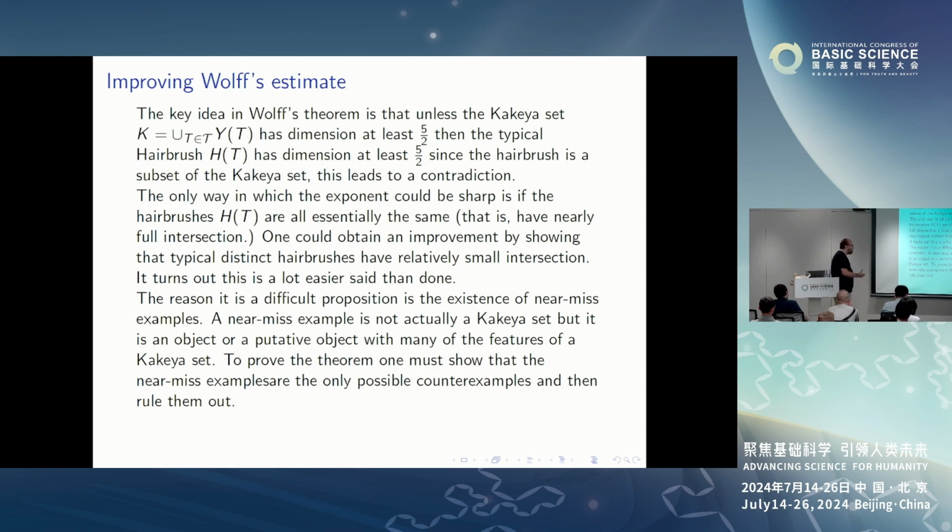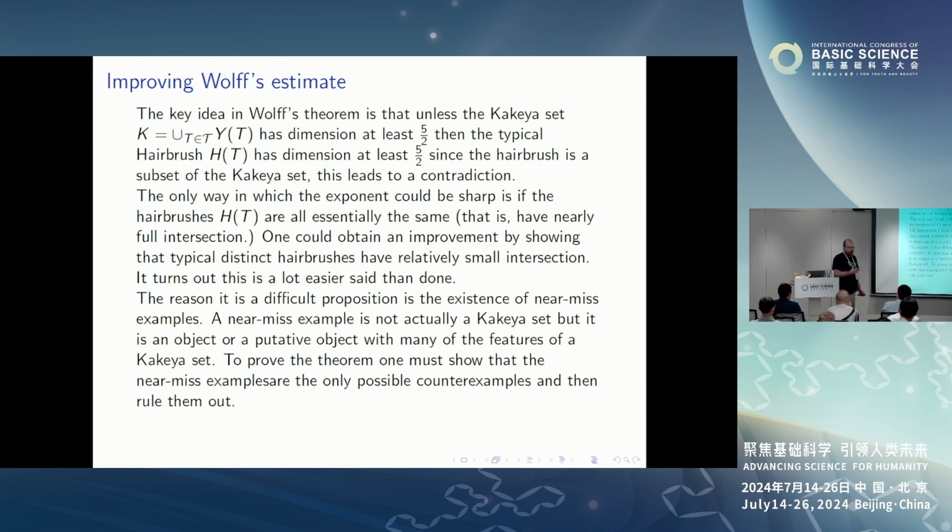And the reason it was hard is that there are some near miss examples. There are things that we can describe that are not exactly Kakeya sets in R3, but have some of the features of Kakeya sets in R3 where this seems to fail.